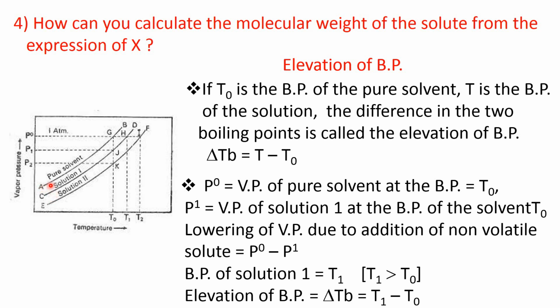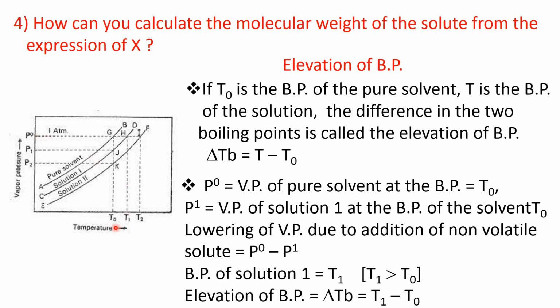Now look at the first curve, AB, which is for the pure solvent, right? Its boiling point is T0, and at this boiling point its vapor pressure is P0, that is 1 atmosphere.